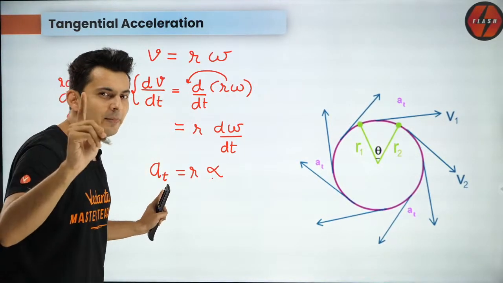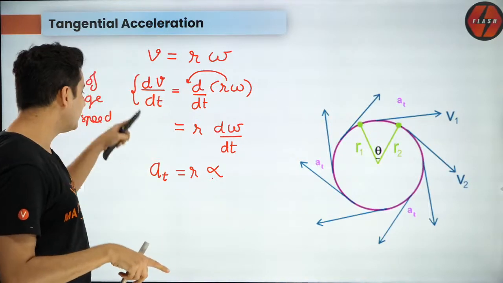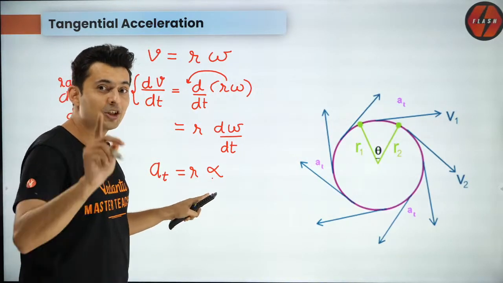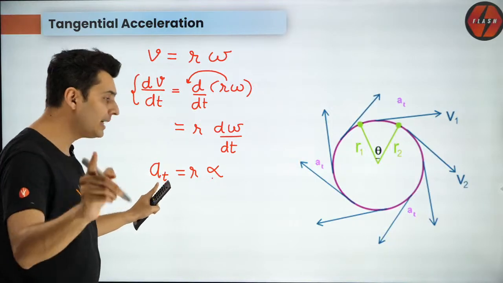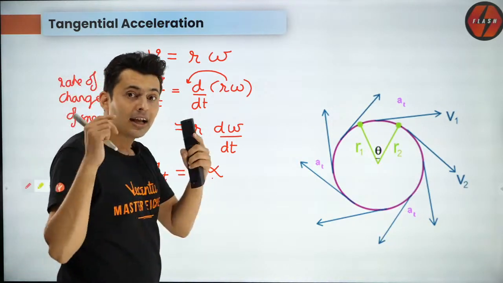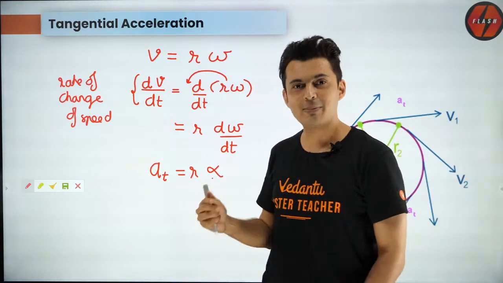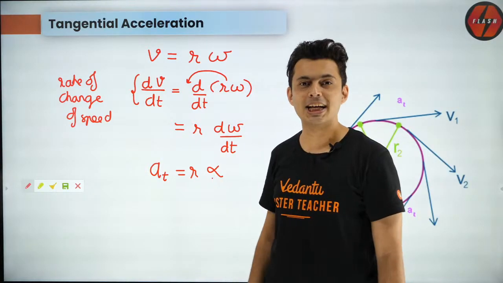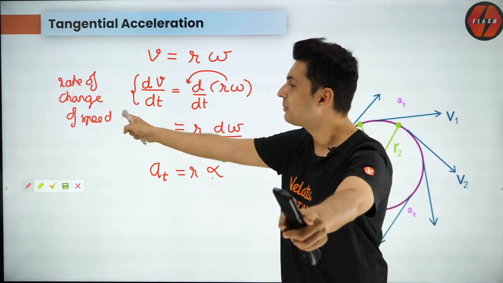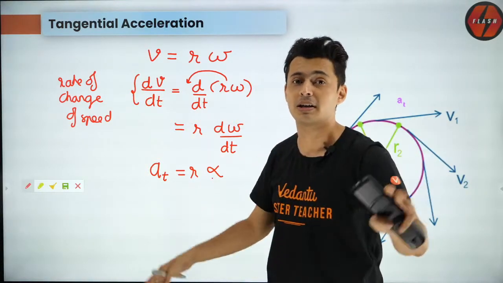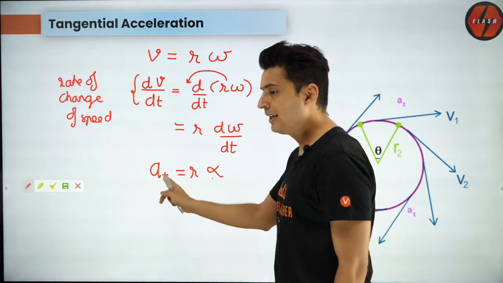Remember, tangential acceleration only changes the speed. That's why the rate of change of speed is called tangential acceleration, and the rate at which direction changes is centripetal. Centripetal is only responsible for the direction change, and tangential is only responsible for the speed change. If you remember this, you are sorted for circular motion. So keep this in mind.